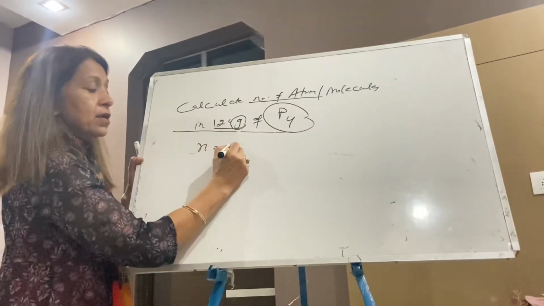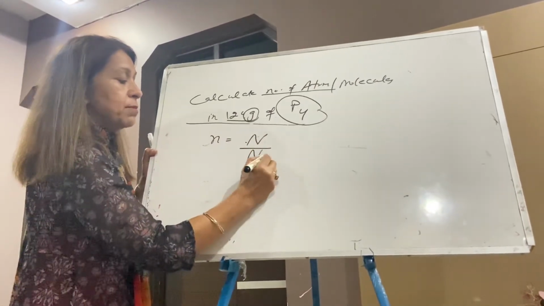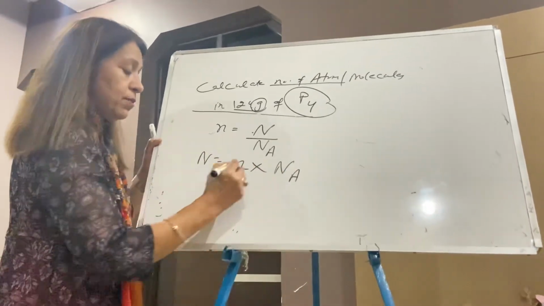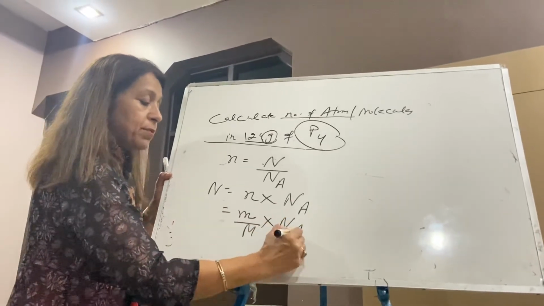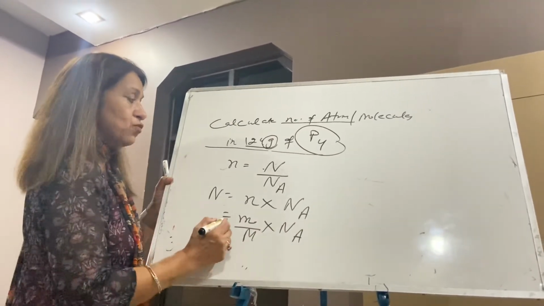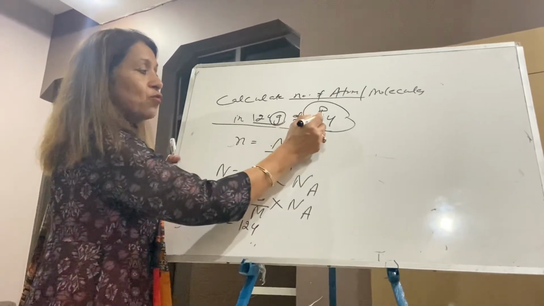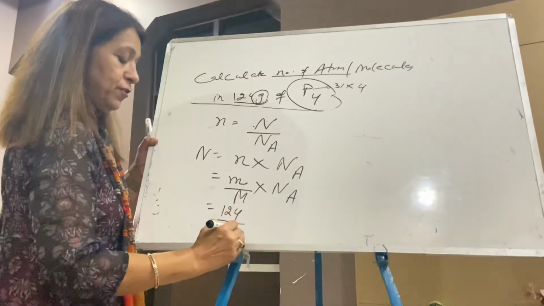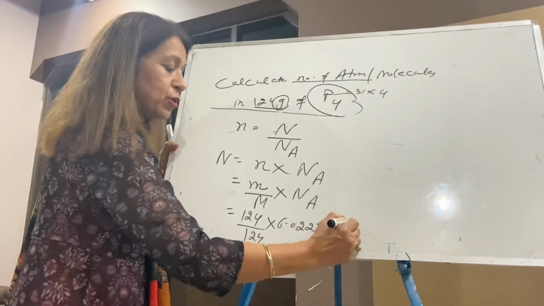Apply the formula, n is equal to capital N by Avogadro's number. Capital N is equal to n into Avogadro's number, which is small m by capital M into Avogadro's number. Small m is 124, given, and by chance the capital M is also 124, 31 into 4, so 124 by 124 into 6.022 into 10 raised to the power 23.